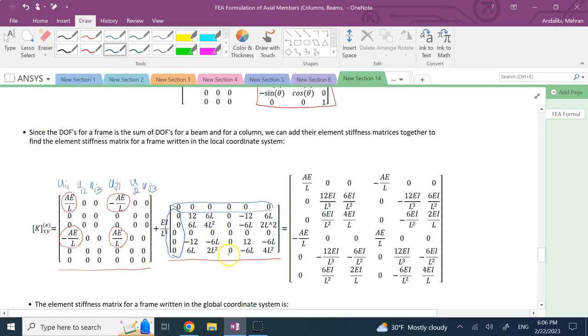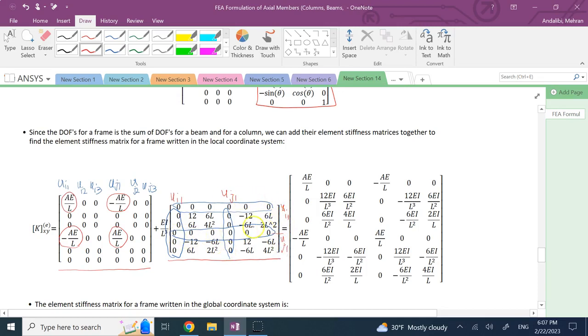Okay? And here as well, and here. Why? Because this guy here is UI1, this is UJ1, and then if you look at the rows, this is UI1, and this guy here is UJ1.